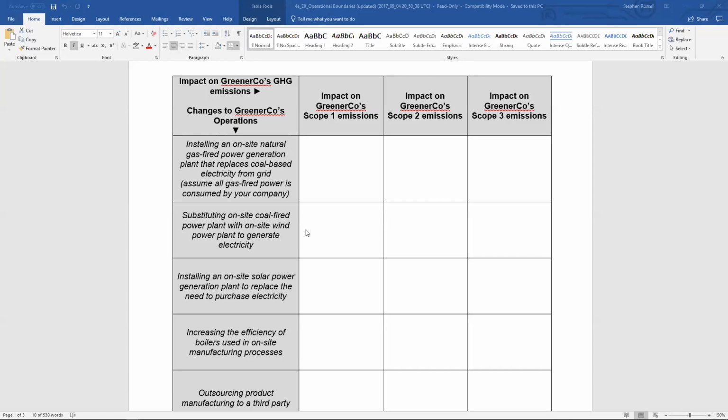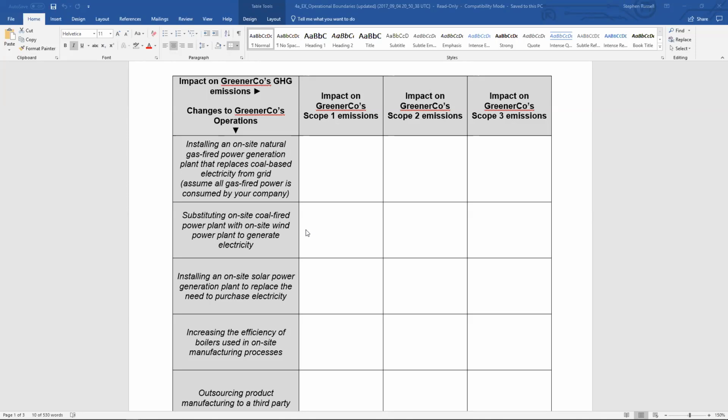And the impact on Scope 3 depends on what Scope 3 categories the company is reporting in the first place, but it's also a function, I think more importantly, of the relative magnitude of the upstream Scope 3 emissions associated with either option. Okay.